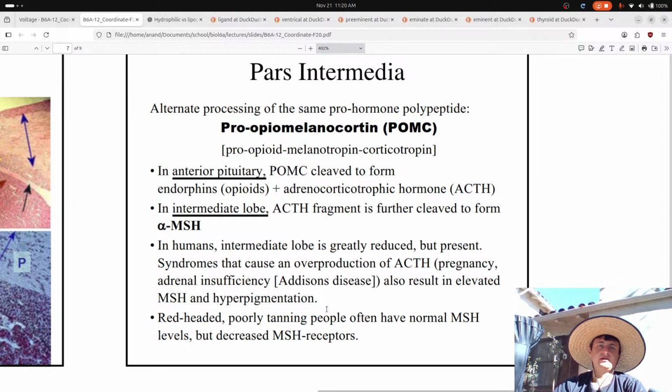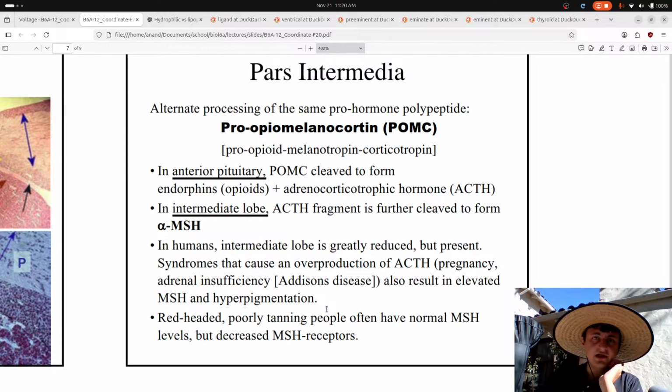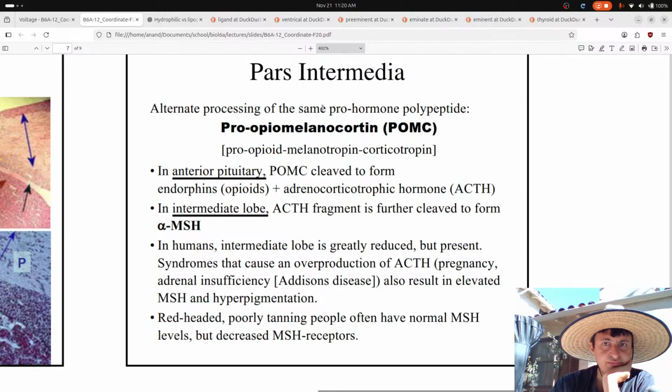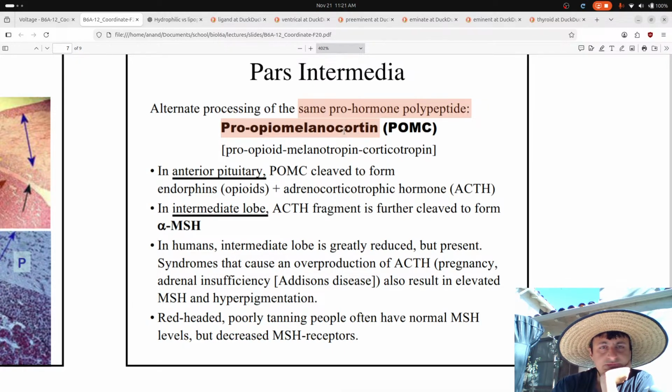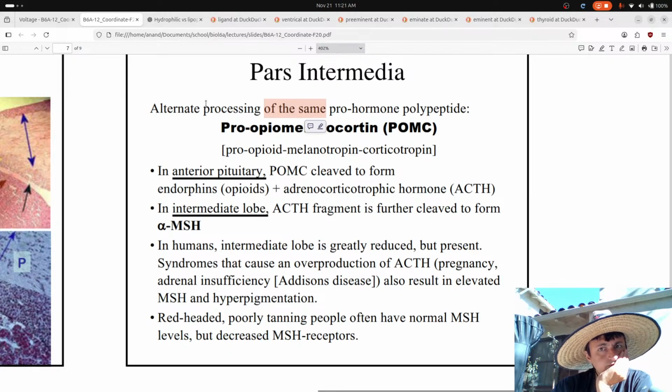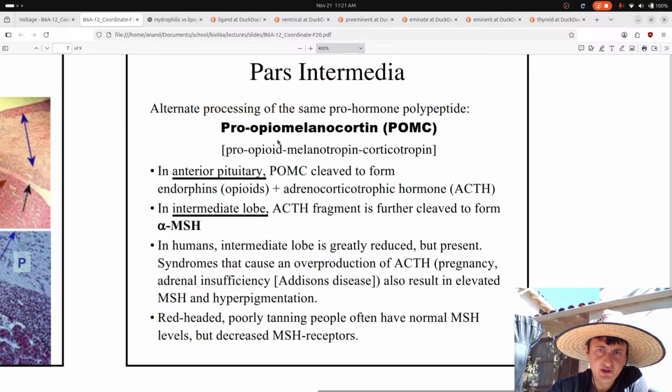Pars intermedia. Alternate processing of the same prohormone polypeptide, pro-opiomelanocortin.